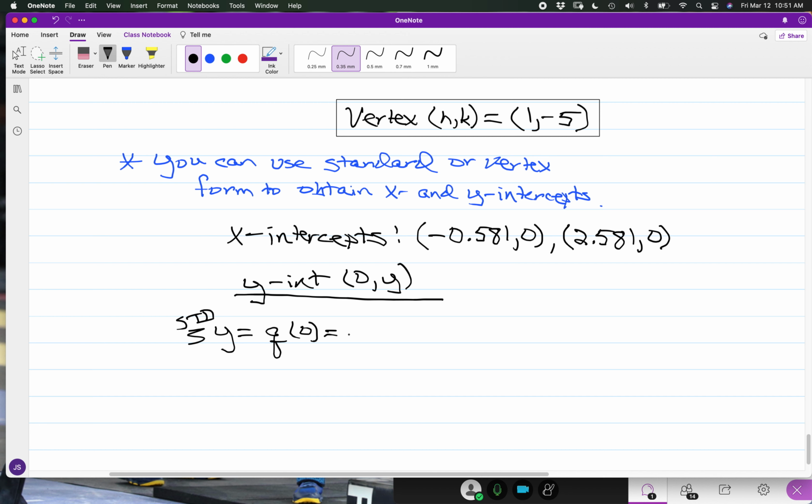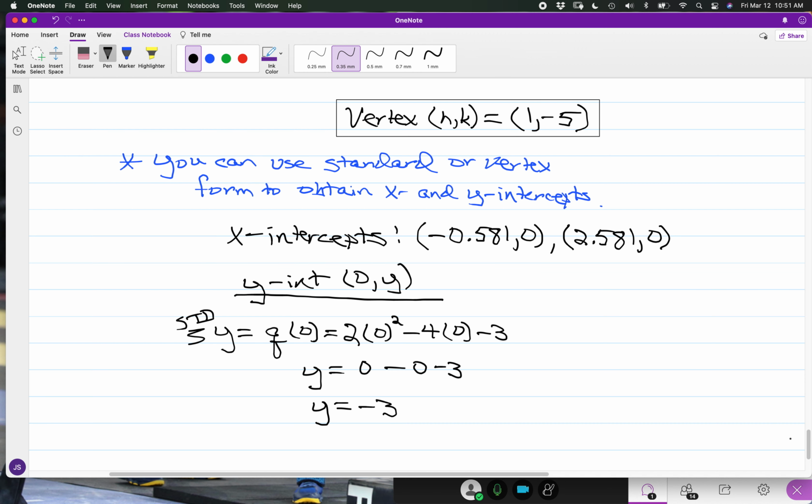With the standard form, I would have 2 times the square of 0 minus 4 times 0 minus 3. And guess what? We have 0 squared is 0, minus 4 times 0 is 0, and we have minus 3. So y is equal to negative 3.